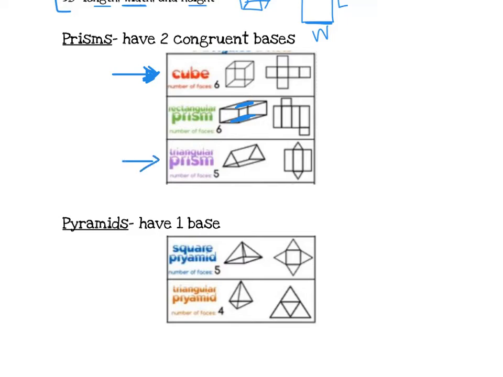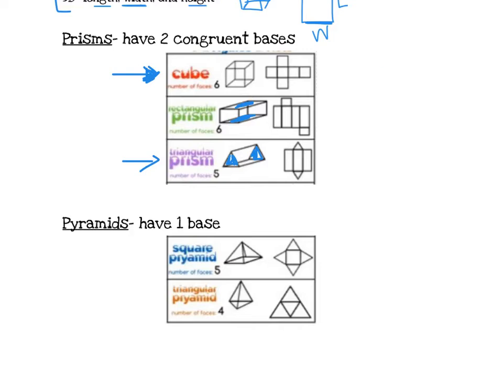This one right here is a triangular prism because you can see here we have these 2 triangle bases, and then your other sides are rectangles. Those are the lateral faces. So we're going to be looking at these 3D figures as if we were to cut them apart and lay them out flat.